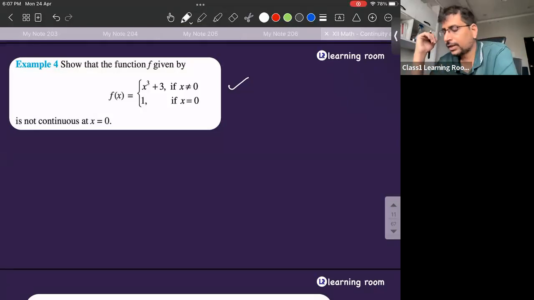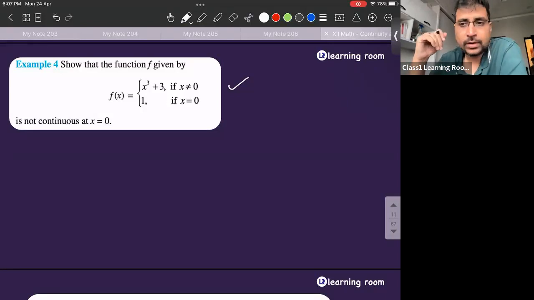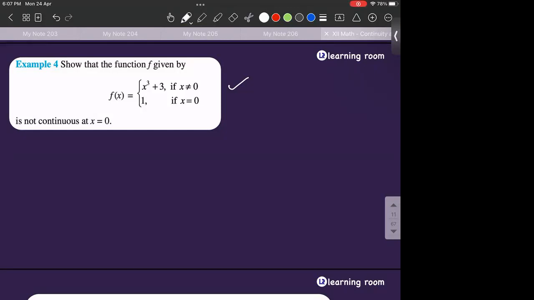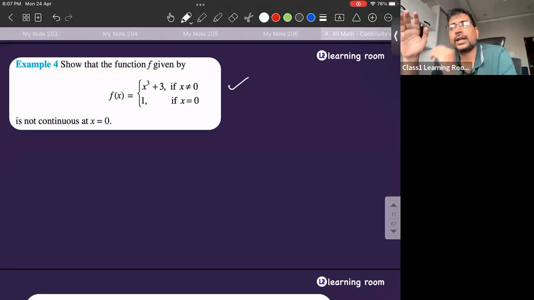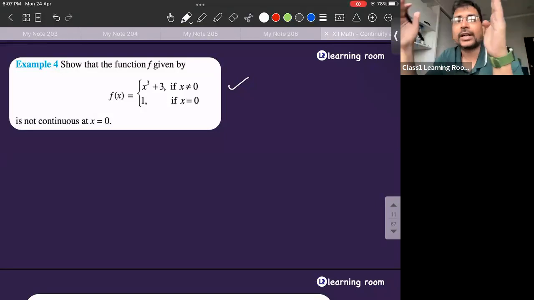So read the question carefully. You will take f of x is equal to x cube plus 3 when x is not equal to 0. Meaning, when will x not be exactly equal to 0? When you take on the left of 0 or right of 0.